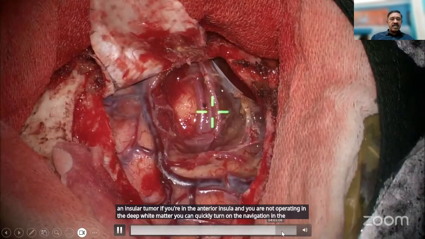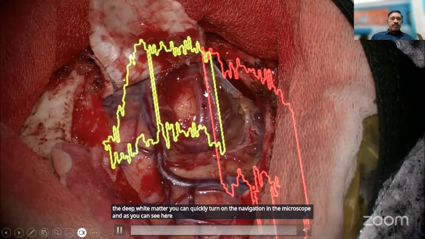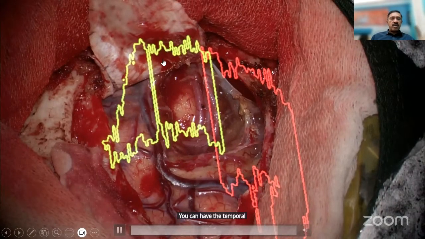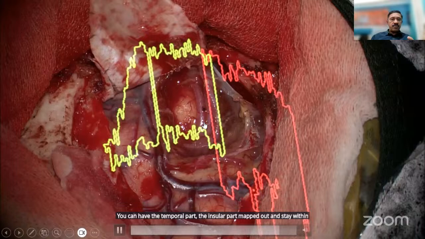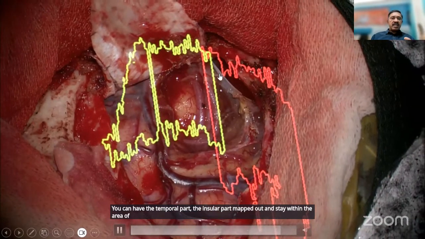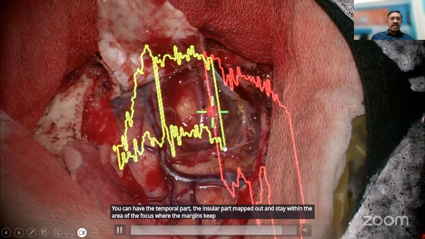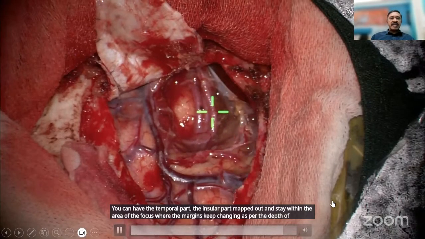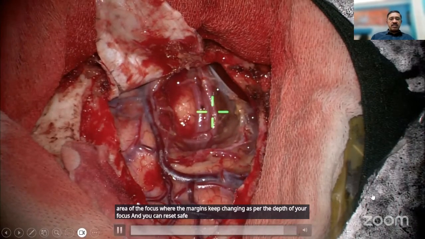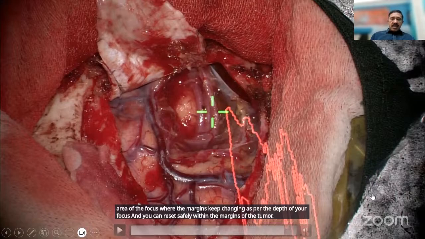And as you can see here, you can have the temporal part, the insular part mapped out and stay within the area of the focus, where the margins keep changing as per the depth of your focus, and you can resect safely within the margins of the tumor.